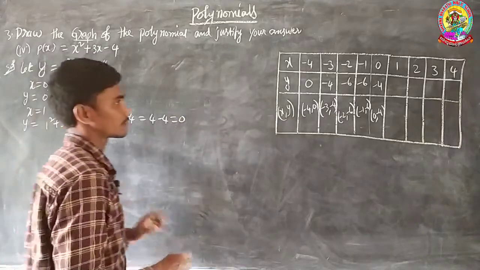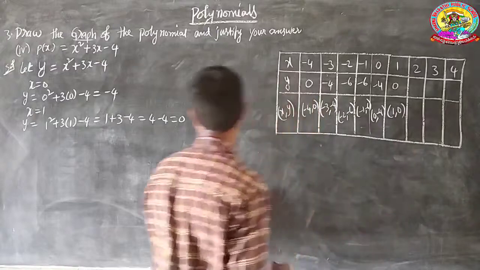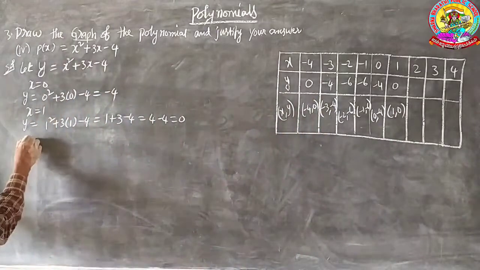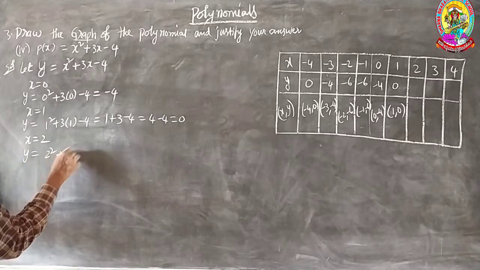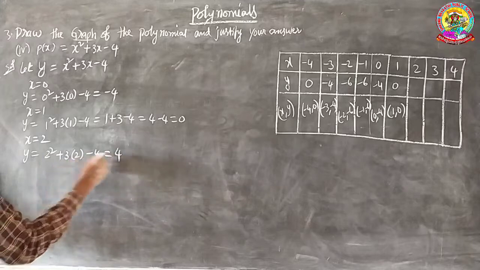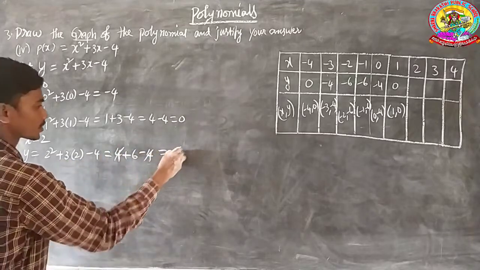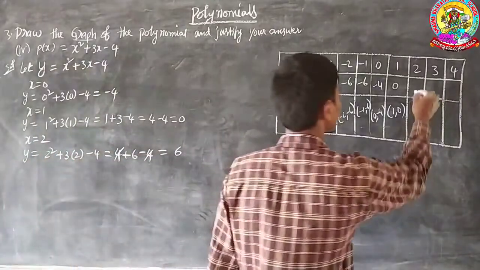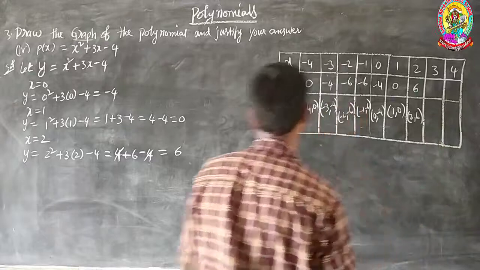At x equal to 1, y equal to 0, 1 comma 0. Next, x equal to 2, y is equal to 2 square plus 3 into 2 minus 4, that is equal to 2 square, 4, 3 2s are 6, minus 4. Plus 4 minus 4 cancels, which becomes 6. At 2, the y value is 6.